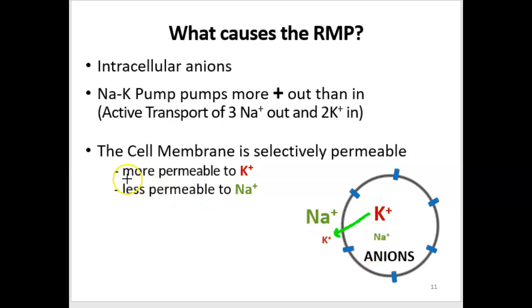The membrane would allow that through what we call leaky potassium channels, but potassium is attracted to the anions, so it tends to not leak very much. That's what keeps sodium high on the outside and potassium high on the inside, and contributes to our resting membrane potential.